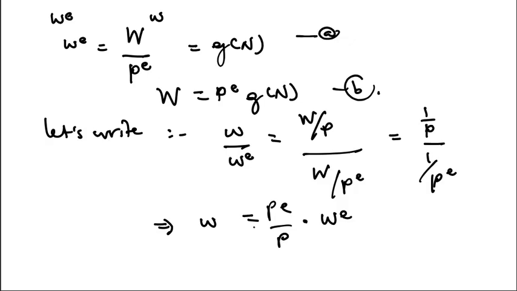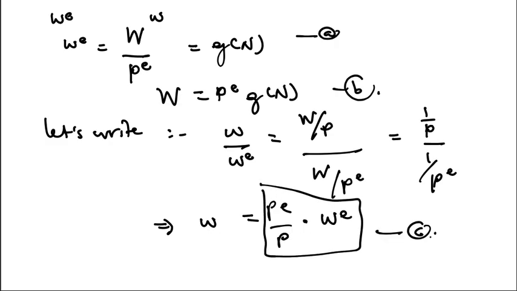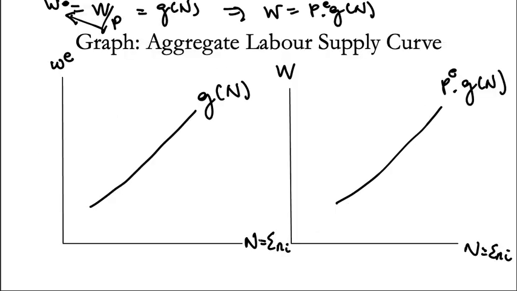Okay, so this is how we try the real wage is actually equivalent to this one C. So we are done with the supply of labor at individual level and also the aggregate level. We have demand and supply. We combine both of them to get what we call labor market, and then we can determine equilibrium in the labor market to determine the equilibrium wage rate and also equilibrium employment.